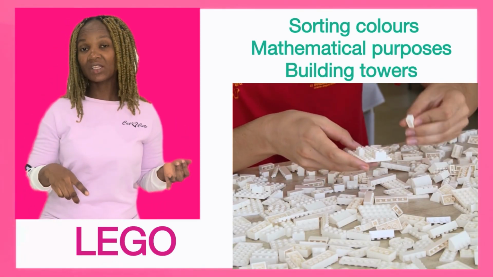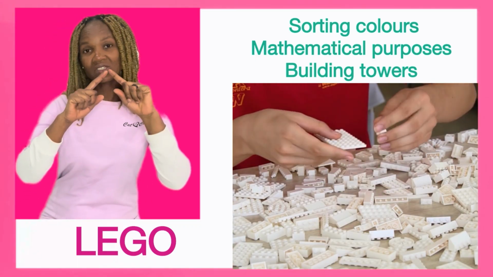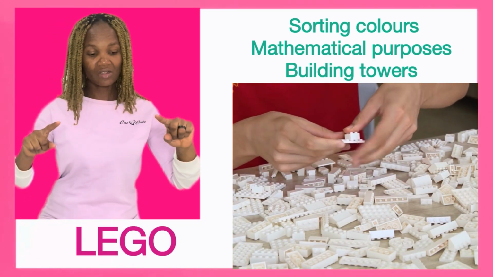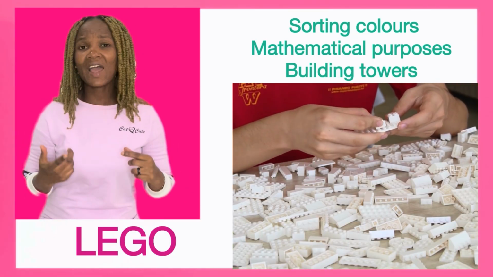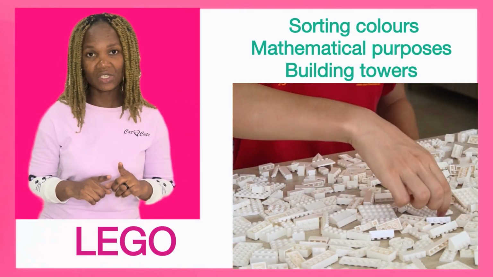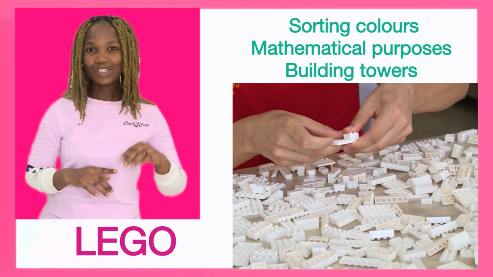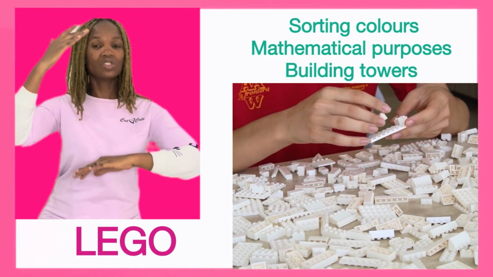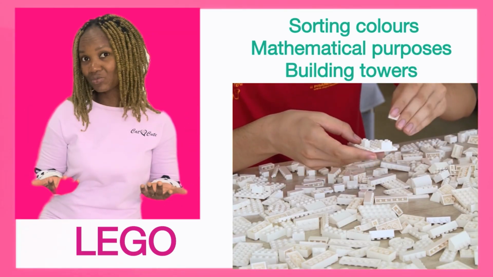We can use Lego for shape formation. So you can put different Legos together to form triangle, to form circle. Different activities can be performed using this object. Also, you can use it to build huge towers, huge buildings in your classroom space.